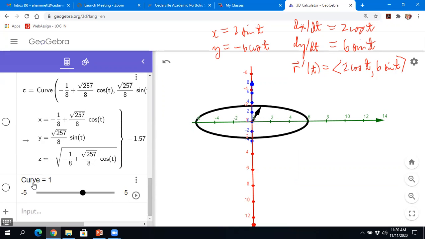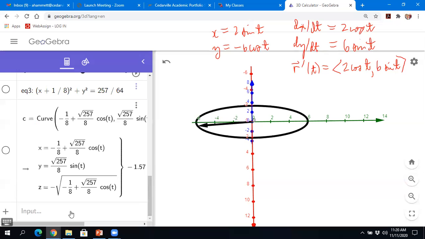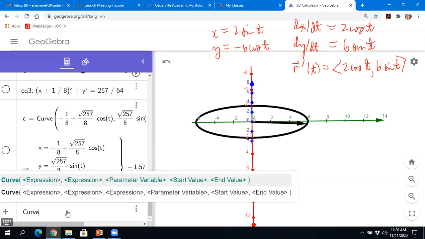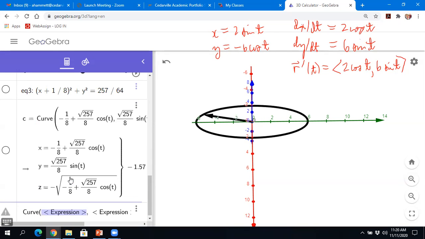Curve, okay, I click on this. The first expression is 2 cosine of t.